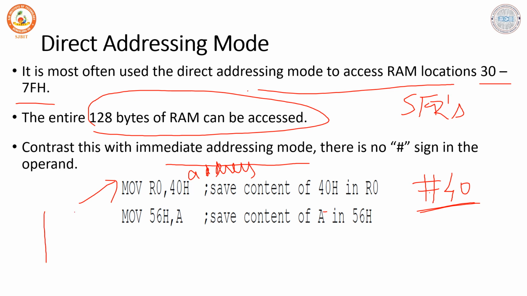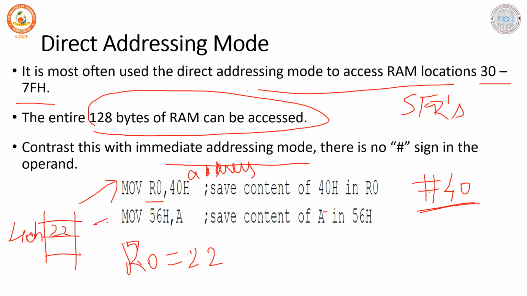See, 40H is a memory address location, and 40H will have some data like 22. That 22 will be transferred to the destination register R0. Now R0 will contain the value 22.